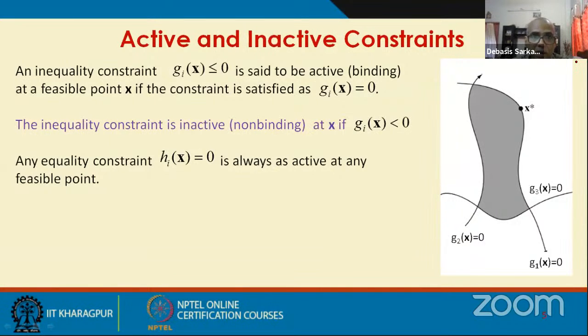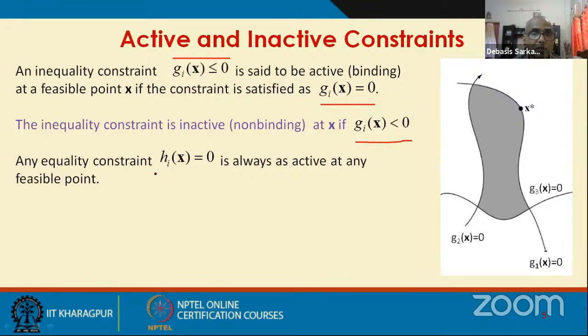So a quick recap of the active and inactive constraints. Inequality constraints we write as G less or equal to 0 type, and we'll follow this convention always. If the constraint is satisfied as G equal to 0, we call it an active constraint. If it is satisfied as G less than 0, we call it an inactive constraint.